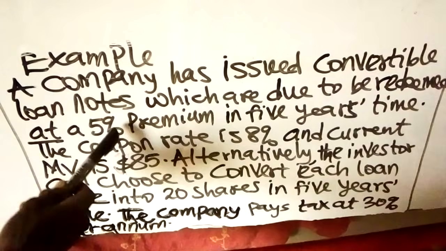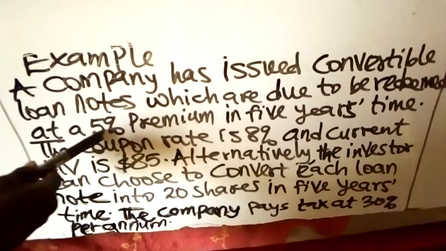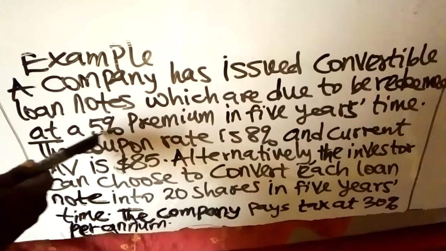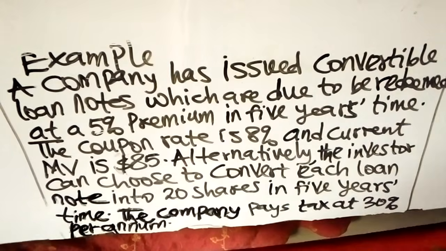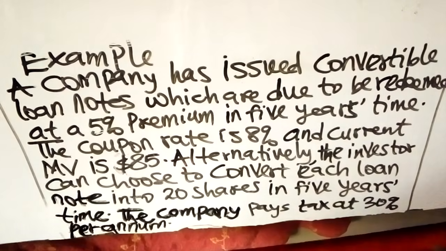This one will be repaid at a 5% premium. That means the par value is 100, so the amount that will be repaid will be 105, at a 5% premium in 5 years' time. The coupon rate is 8% and the current market value is 85.